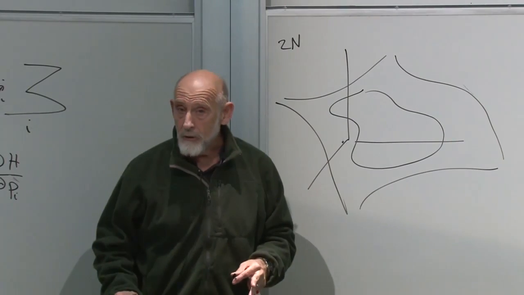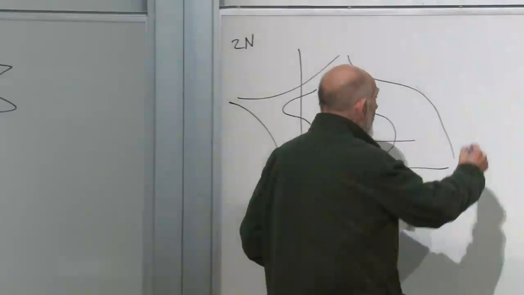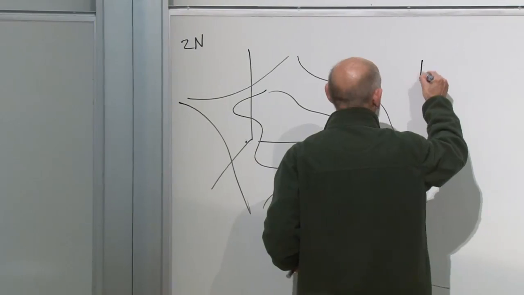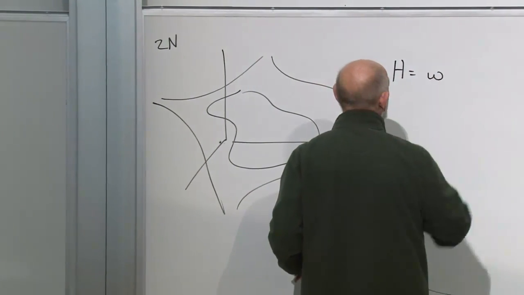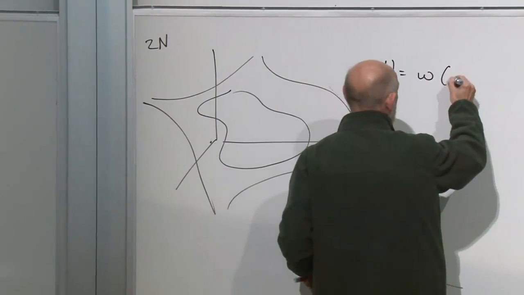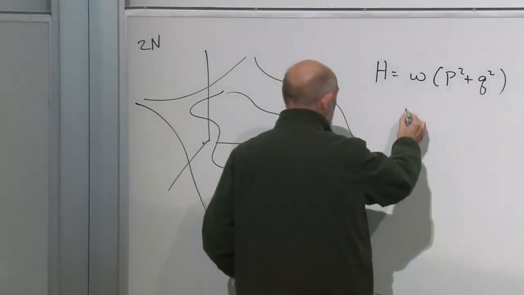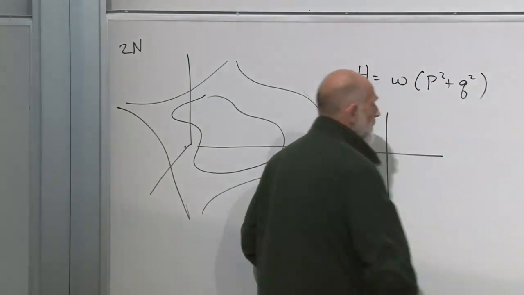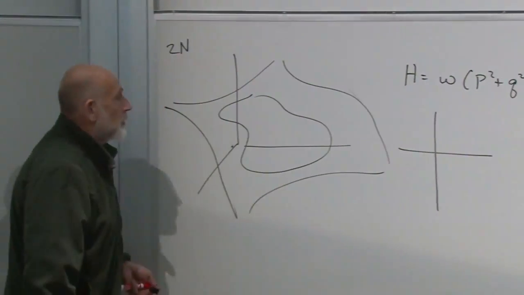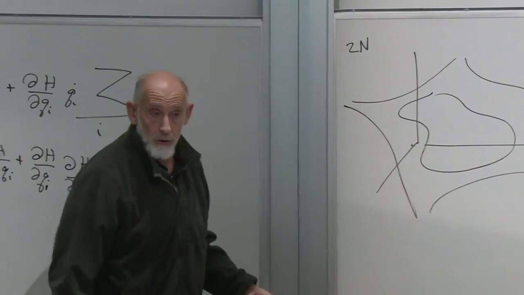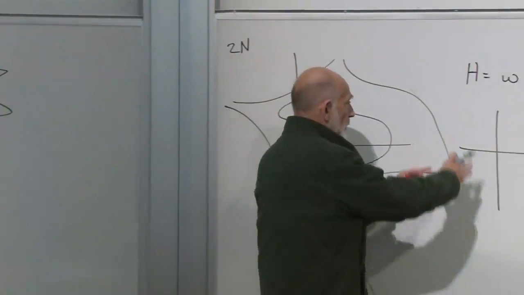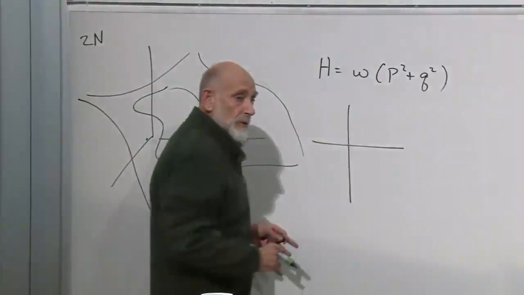An example that we talked about was the harmonic oscillator. For the harmonic oscillator, the Hamiltonian was omega, just a number, times p squared plus q squared. Omega times p squared plus q squared is a constant. That's a circle. We start with a two-dimensional space, p and q.